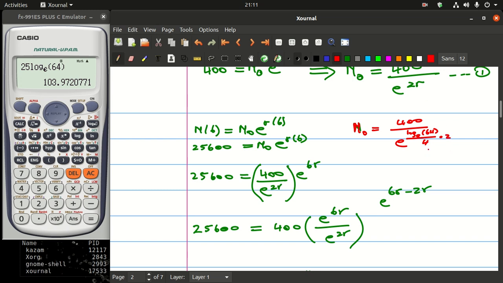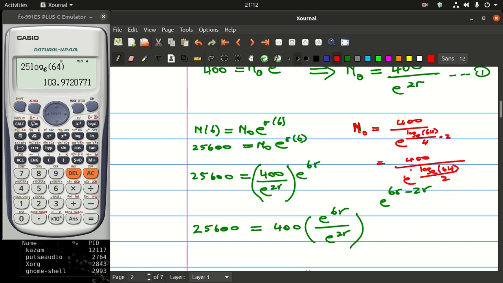So multiply this by 2, and we'll end up having 400 divided by e raised to... this is going to be half, right? So you'll end up having log e 64 all over 2.